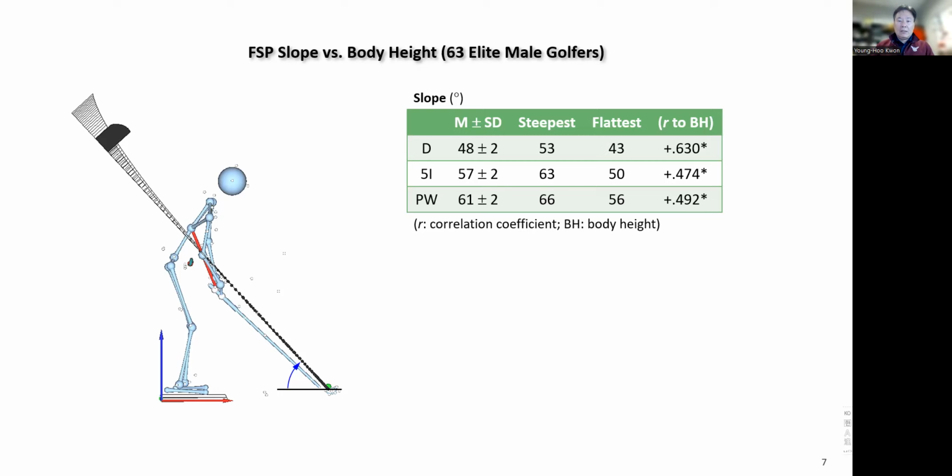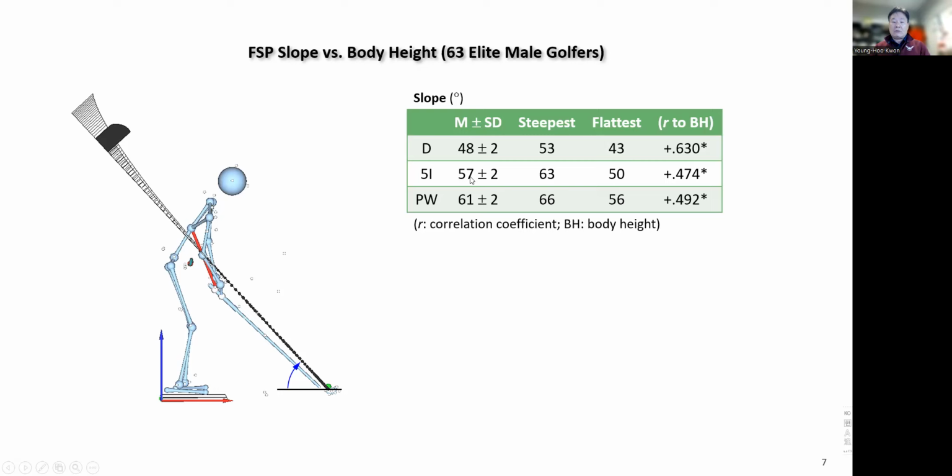When we combine the 63 golfers and compute the average slope for the driver condition, it's about 48 degrees, slightly less than 48, so 47 point something. But as you can see, it has a wide range. The steepest is 53 degrees, and the flattest is about 43 degrees.